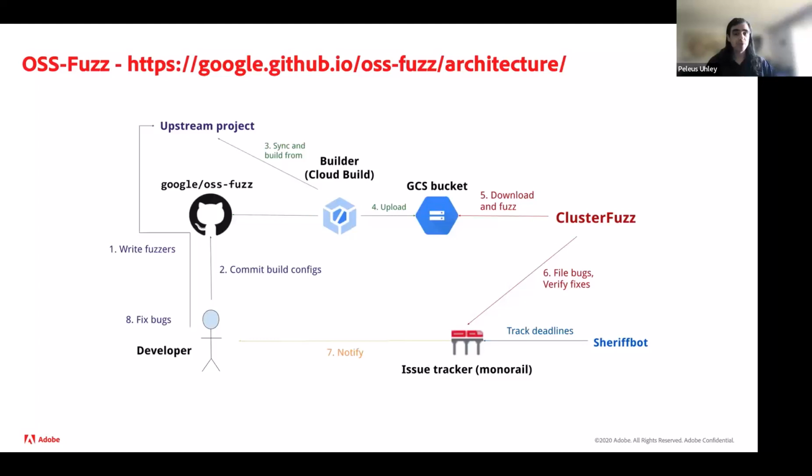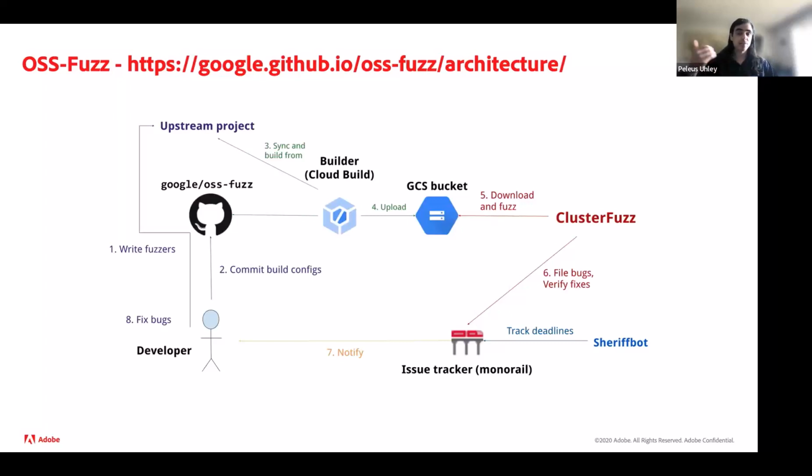Then their code builder would see that new projects have been added. It would do a build based on your commits. It would place the binaries in Google Cloud Storage for temporary storage, where ClusterFuzz would eventually see them.